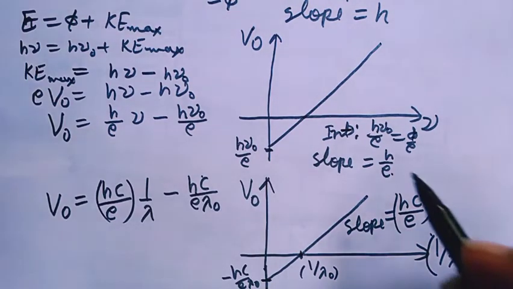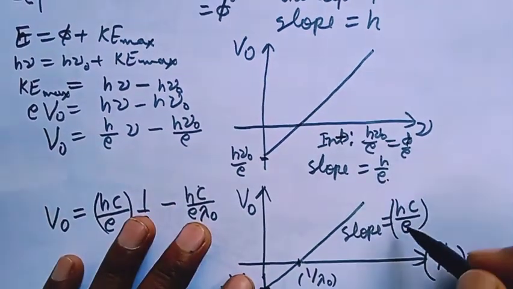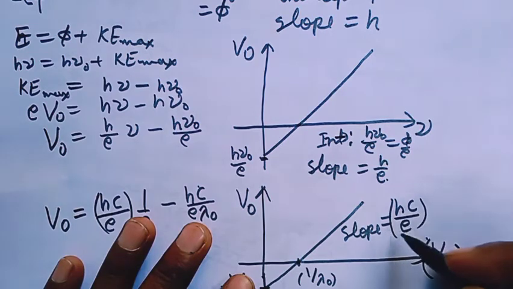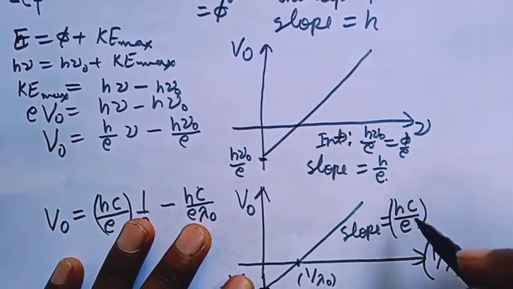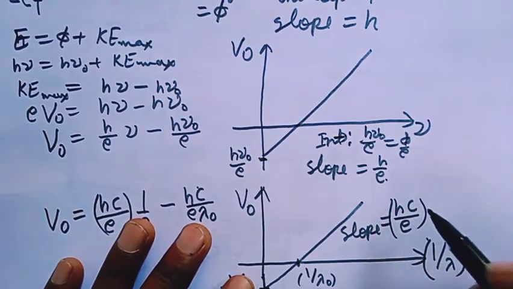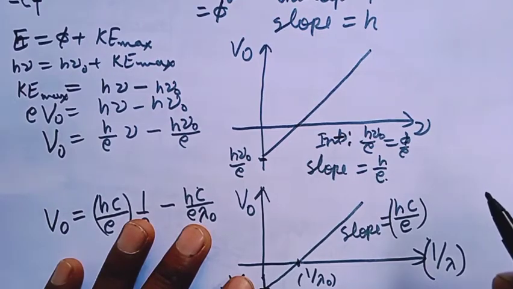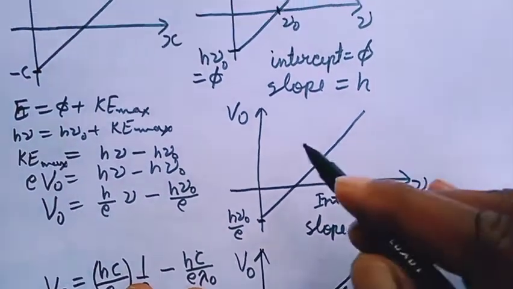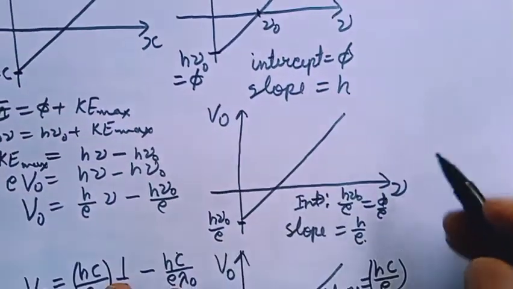And see, one more thing, each time the slope is a constant. This constant is independent of the choice of metal, choice of material. So for all the metals, the slope will be the same.